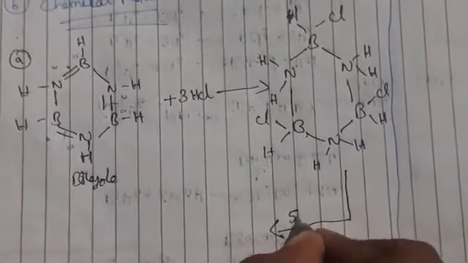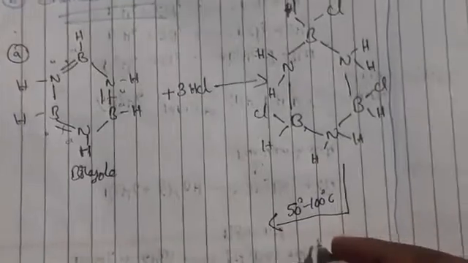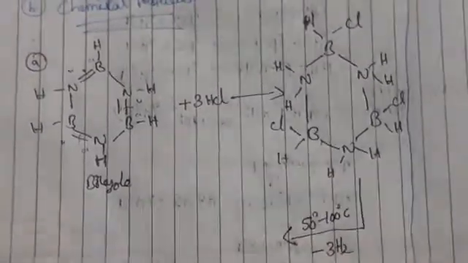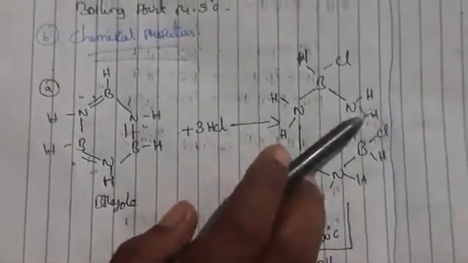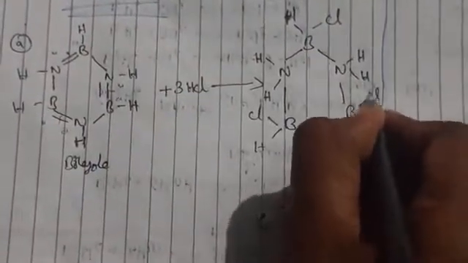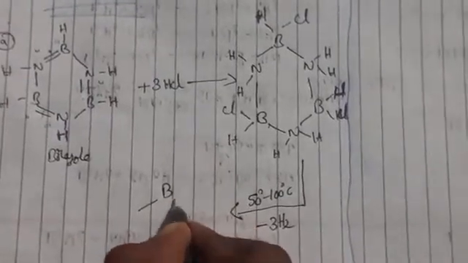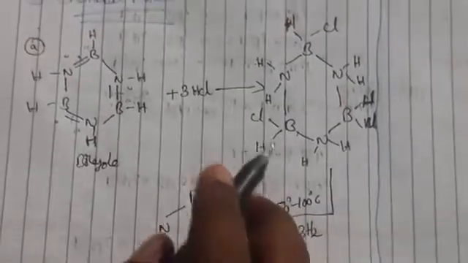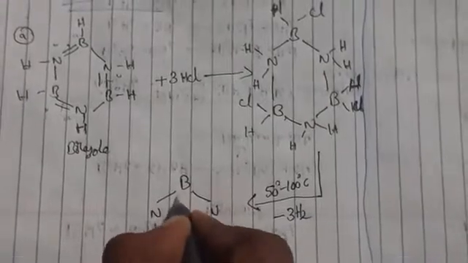After that, when you heat this compound at 100 degrees centigrade, there will be loss of H2 molecules. These H's will be lost, and writing Cl here and H here, whenever it loses H2 we get a double bond in the ring.